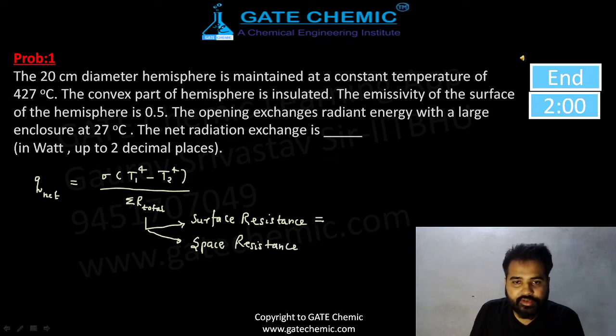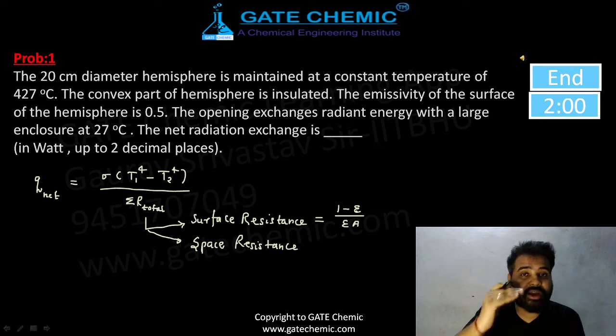Surface resistance you can define as (1 minus epsilon) upon (epsilon A), where epsilon is the respective emissivity of the respective surface for which you are going to write surface resistance.